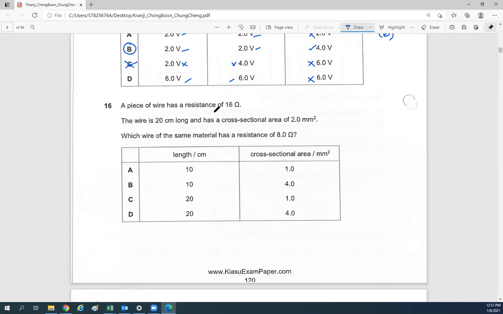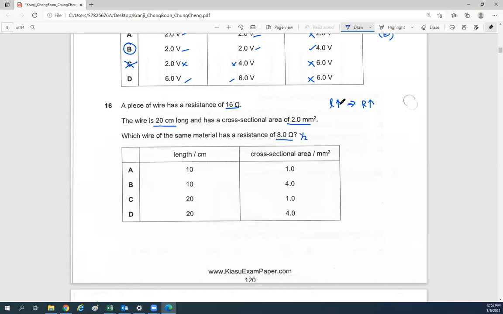Resistance of wire. So this is the original length, and this is the original cross-sectional area. Which of the wires now has half the original resistance? Now, in order to solve this, you must know that if the length of the wire increases, the resistance increases.